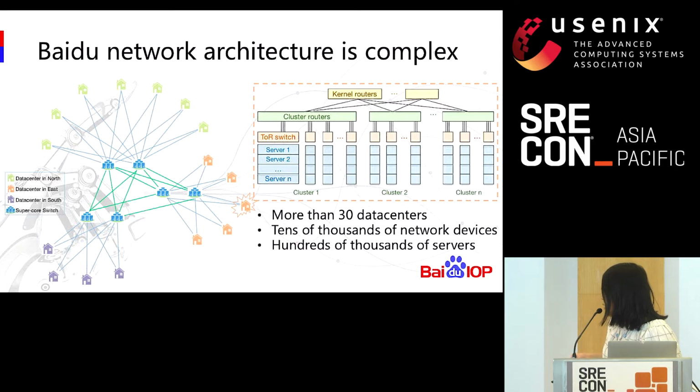Then, several TORs form a cluster. They communicate with each other via a cluster router. And then, several clusters form a data center. Different clusters connect with each other via kernel routers. We can see that the network architecture is hierarchical and very complex, including tens of thousands of network devices.